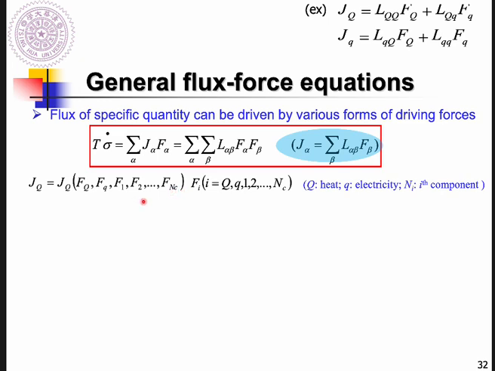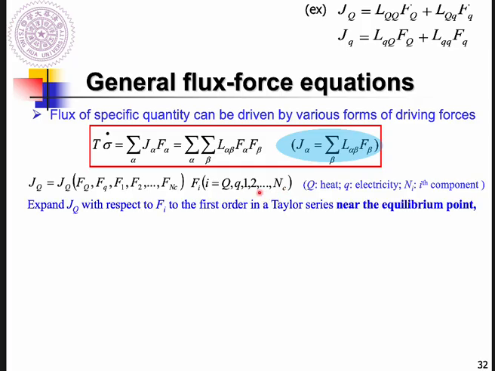Therefore, it is a function of those driving forces and can be written like this, and we have the corresponding different kinds of driving force. Then if you expand the heat flux with respect to the different driving forces to the first order in Taylor's series near the equilibrium point.